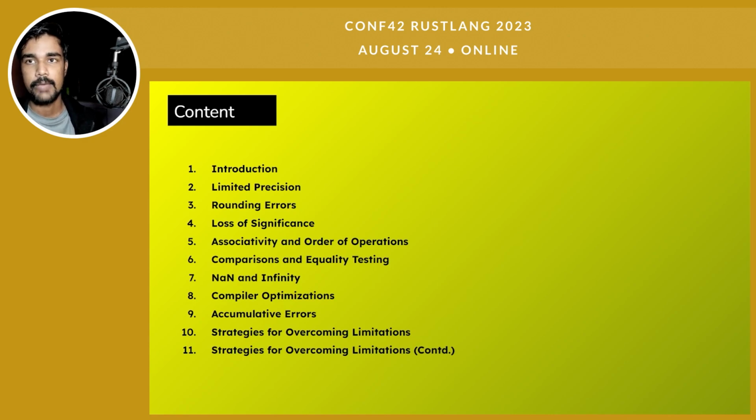Instead, my approach is to give you an indicator of where you can look in case you get stuck, or what issues can come along the way if you are working with floating point numbers, specifically in Rust. All of these concepts would still be applicable to other languages as well. But I have specifically kept Rust in mind, and how we can use Rust to mitigate these issues.